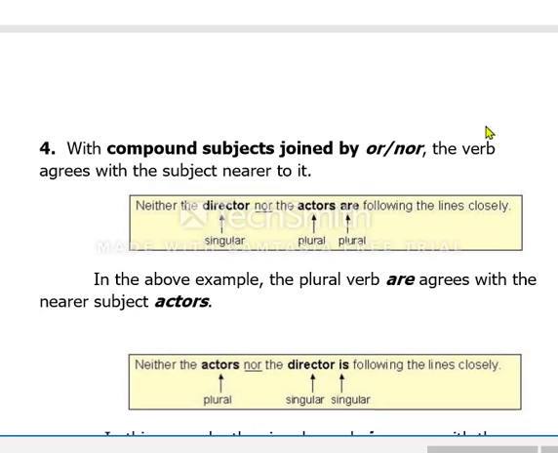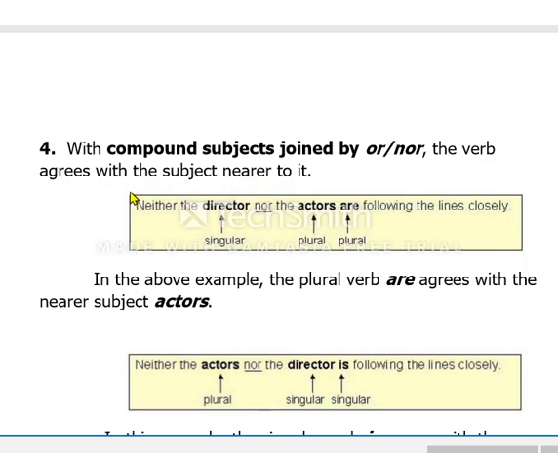Now here, students, it's a very interesting thing. In the sentence there is a use of nor, but before nor, the director is in singular form, and after nor, the noun is in plural form. In this situation, you will consider the actors, the nearer noun, as plural, and you will use a plural verb as well.